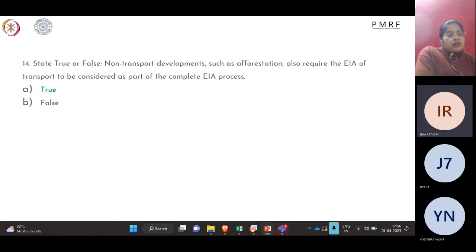So you need to have EIA for transport to assess the impact of the carbon emissions caused after the cutting of trees or the afforestation activity has happened. So you need to do EIA for transport even for non-transport developments like afforestation because it requires a transport component assessment as well. Okay, so A was the correct answer.